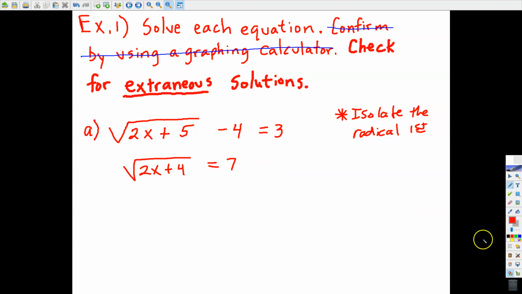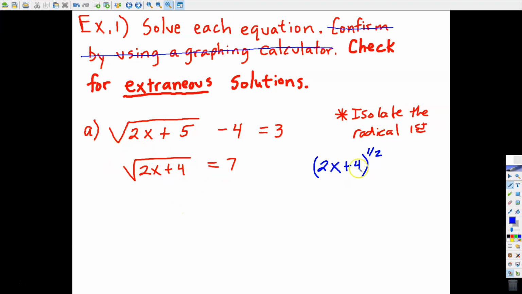Remember in our previous discussion of radicals and rational exponents, the square root of 2x plus 4 is the same as 2x plus 4 raised to the 1/2 power. I'm showing you this over here in blue to make sense of the next step.